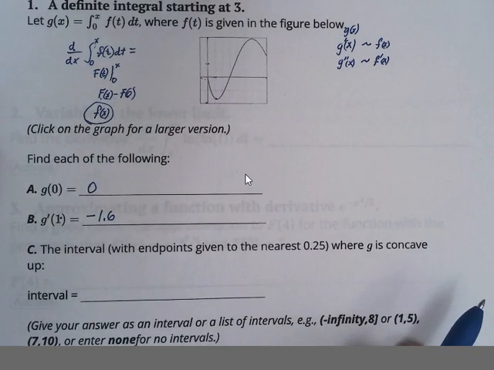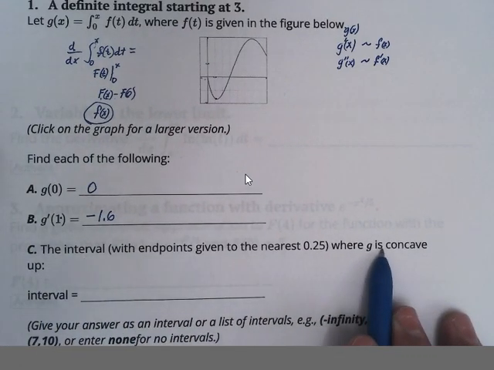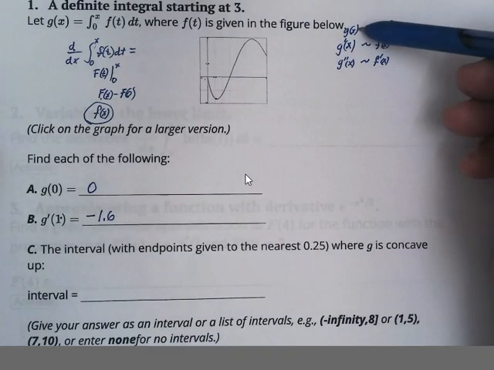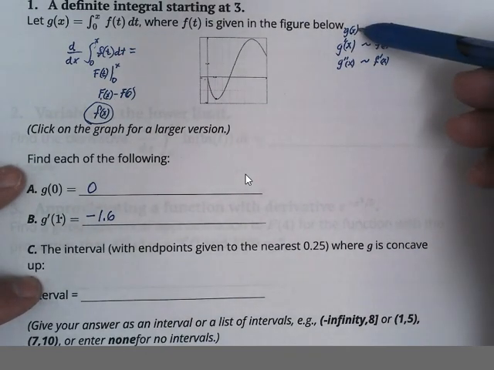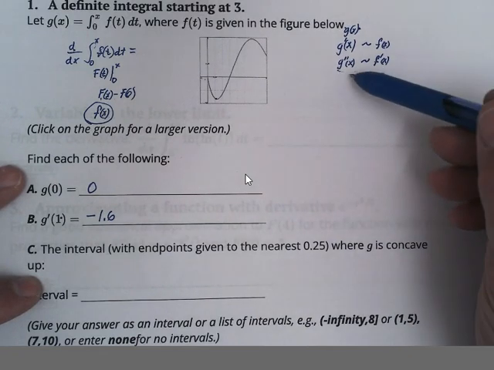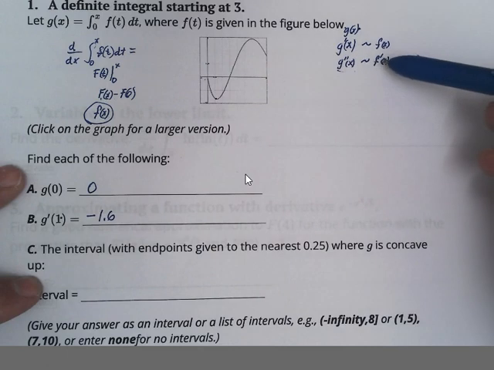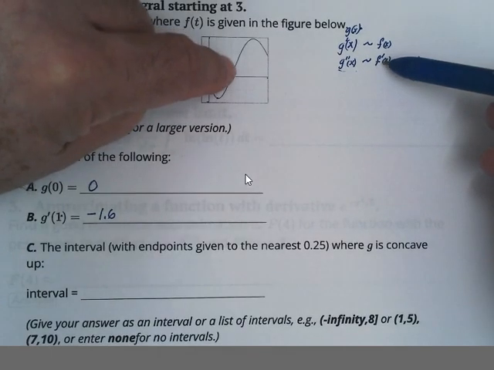And then the interval where g is concave, g, this one, is concaved up. If it's concaved up, the second derivative has to be positive, greater than 0. Well, the second derivative is the derivative of this one.